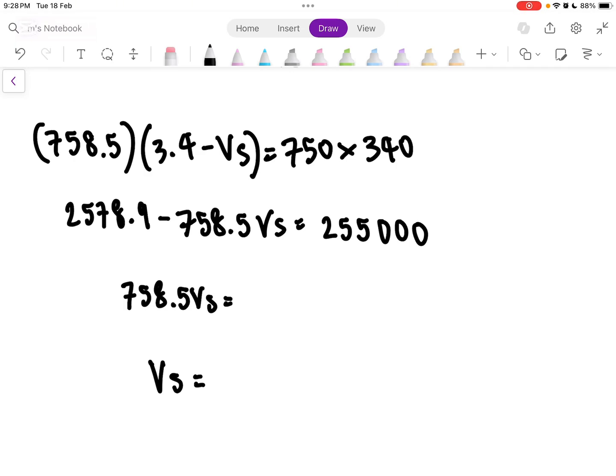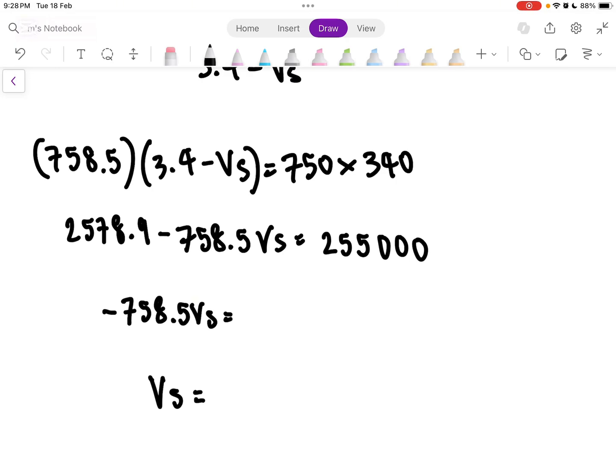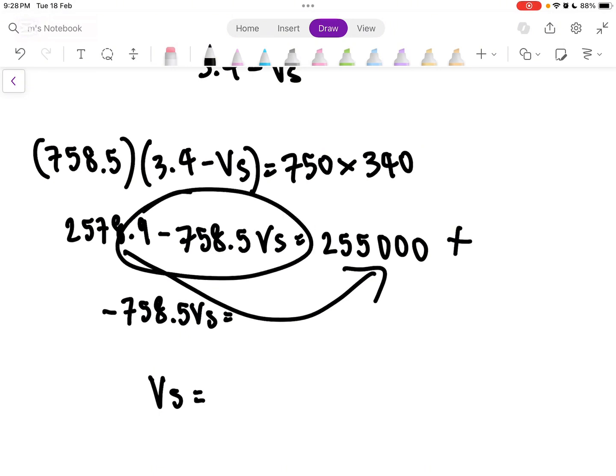Okay, wait, I just did it the other way around because that's meant to be a negative right now. So I'll leave it as a negative. But then when I get a negative answer, what is wrong with this question? Because look, if I multiply that by that, I get this number, and that's right. If I multiply that by that, I get this number, which is also right. But if I multiply this by this, I get this large number. But if I have to move that to that side, this side will be positive, but this side remains negative. So if I have a positive thing on this end, then the answer would be negative.